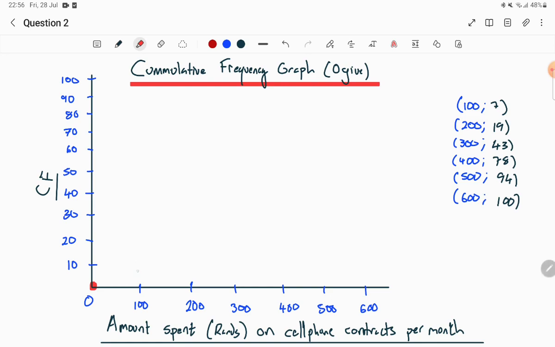Then we have 107 and 219. We'll have graph paper, which would essentially be a lot more accurate, but the idea is there. 343, 478. We can confirm these in a bit.